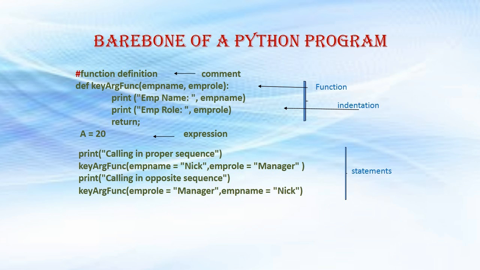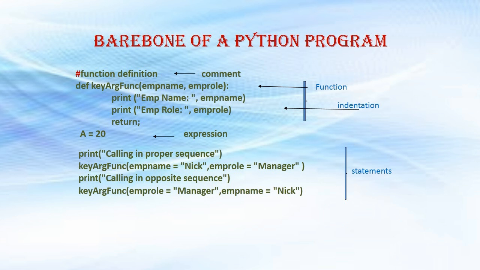This is a function. This is the way we declare a function in Python. We will be studying it in later classes. Just go through it: what is a comment, what is a function. Now print emp name, print employee roll number, and return.